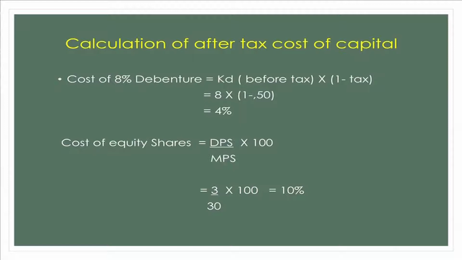Cost of equity shares: the formula to ascertain KE is DPS upon MPS into 100, that is dividend per share upon market price per share into 100. Dividend per share is given as 3. Market price of the equity shares is given in the question as 30. So, 3 divided by 30 into 100, we have the cost of equity as 10%.